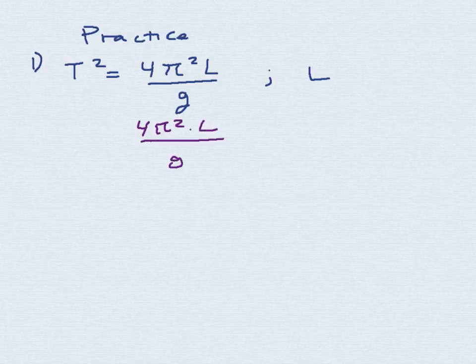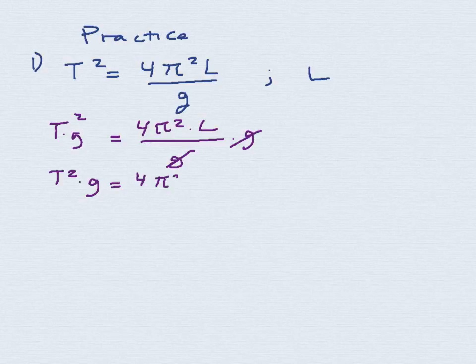Multiply the right-hand side by g, the g's will cancel. As long as you also multiply the left-hand side by g, you haven't broken anything about the laws of math. So t squared times g equals 4 pi squared times L.